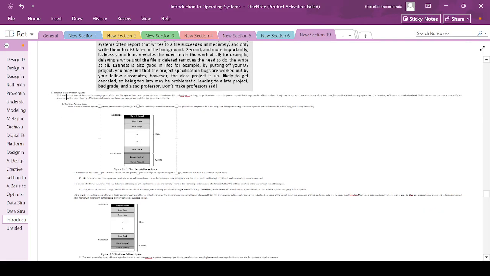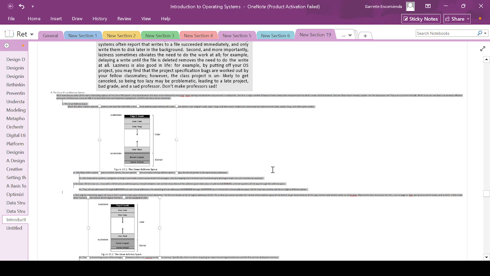So, the Linux Virtual Memory System. We'll now discuss some of the more interesting aspects of the Linux VM system. Linux development has been driven forward by real engineers solving real problems encountered in production, and thus a large number of features have slowly been incorporated into what is now a fully functional, feature-filled virtual memory system.